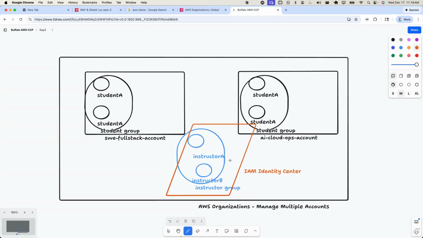But I would use this so that I can have my instructor users and groups in multiple AWS accounts or organizations to keep things organized.